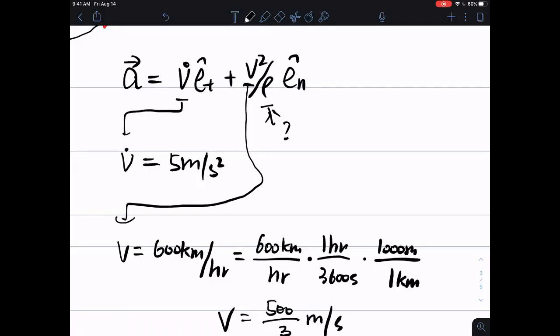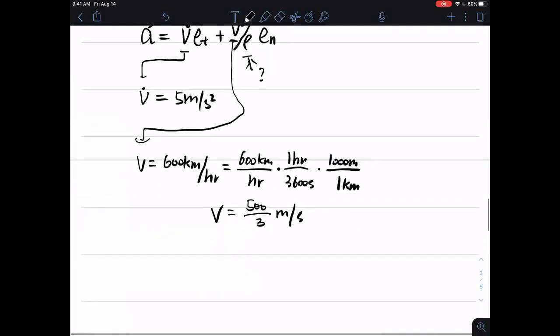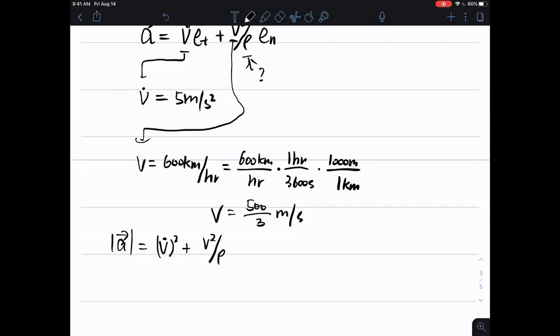How do you find the magnitude? Square of both components, and you take the square root, right? Same deal here. So if I want to find the magnitude of acceleration, I would take the square root of the first component, which is v dot square, plus the second component, v square over rho square, and take a square root.